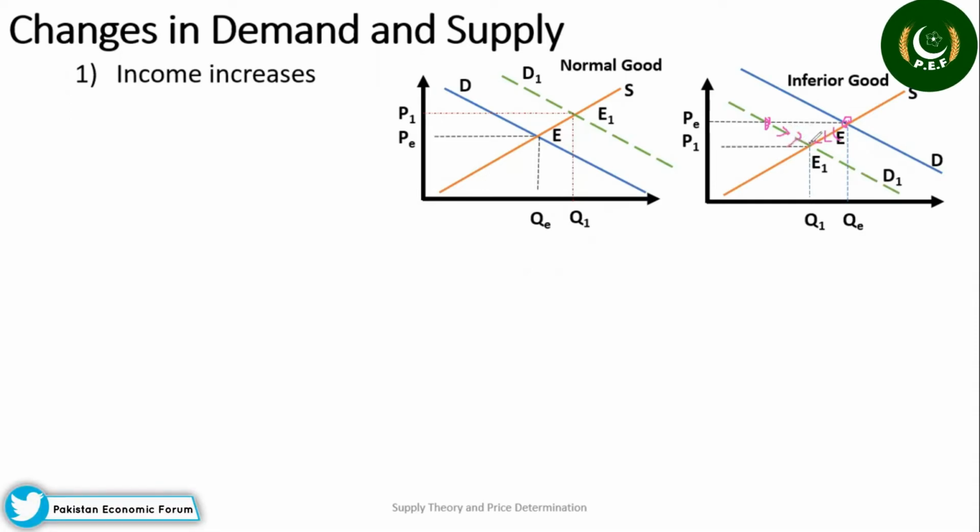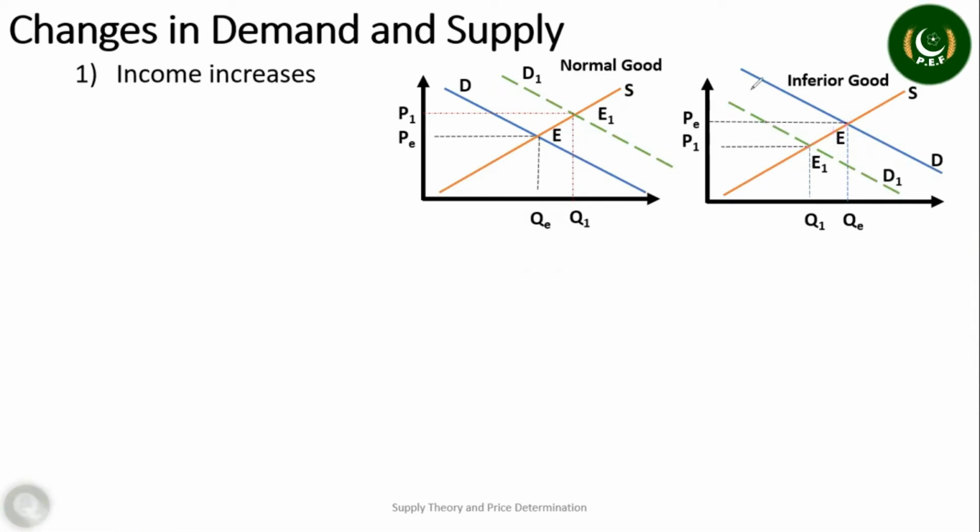It will continue until we are at point E1, where again both the quantity demanded and quantity supplied are equal. Hence, we can say that in this case, the final price will be lower and the quantity traded will also be less.